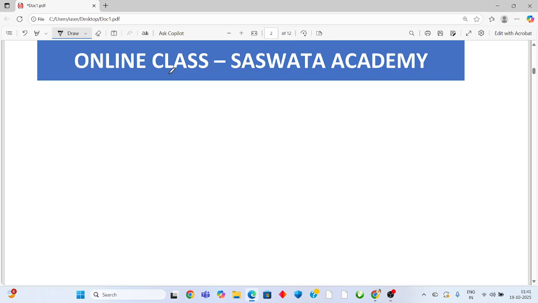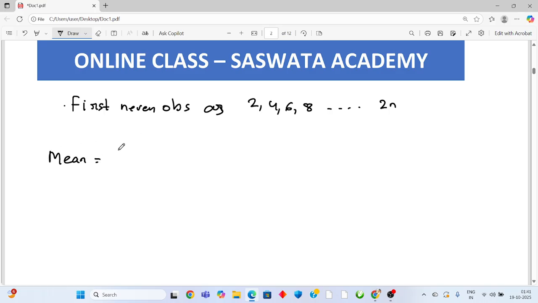Similarly, we can calculate for the first n even numbers. Let us write the first n even observations as 2, 4, 6, 8, and the last term would be 2n. For the mean, we need to calculate summation xi by n.